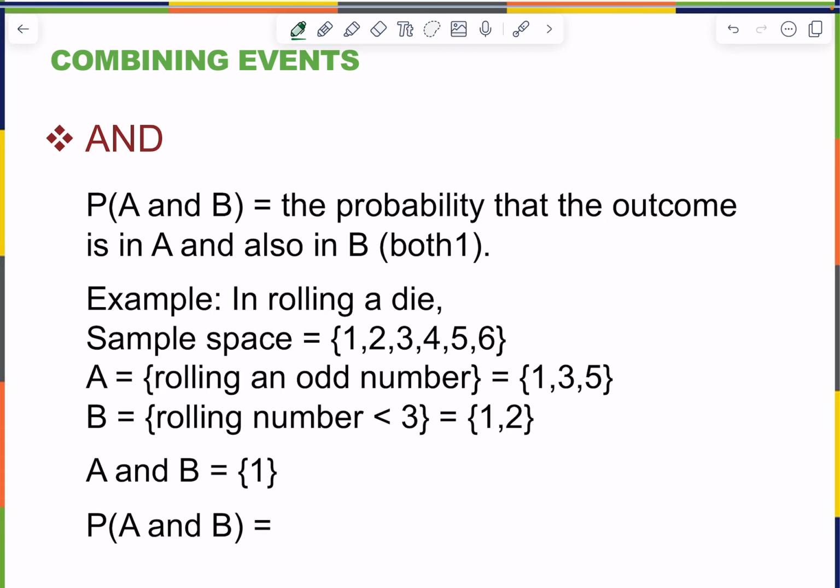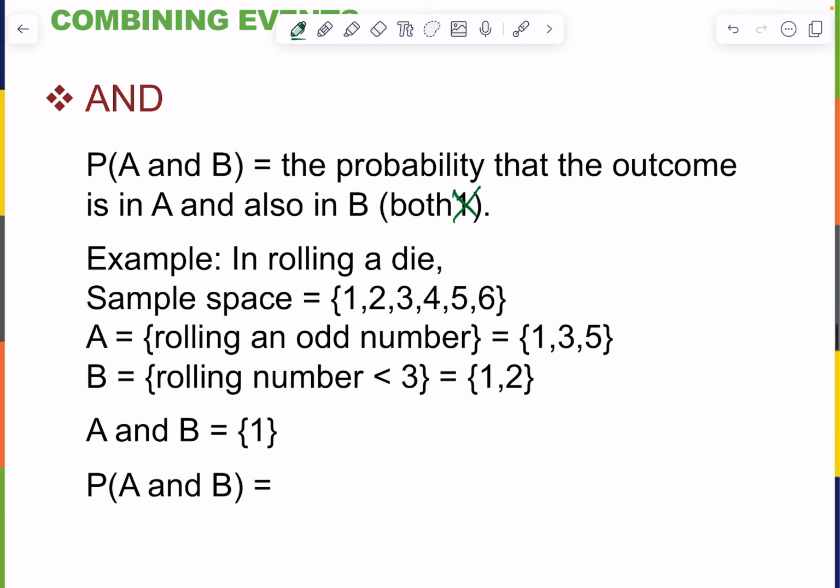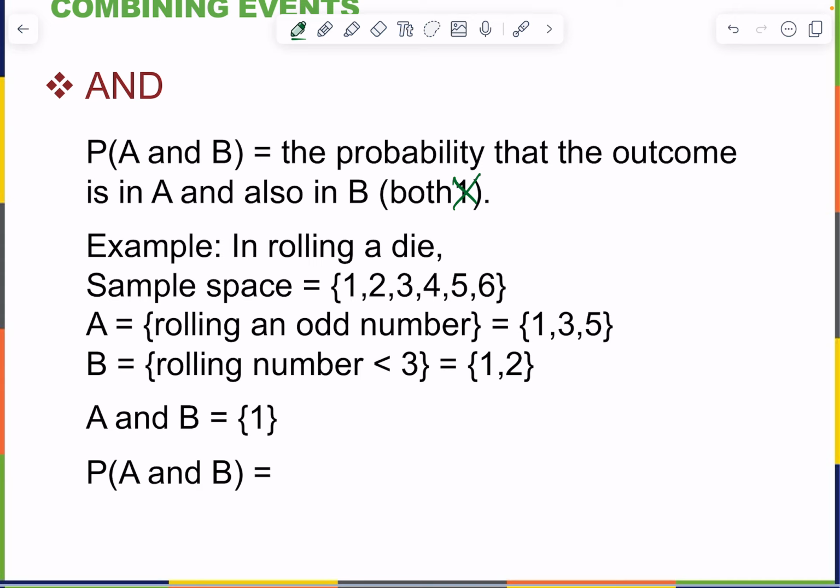All right, so A and B. The probability that an outcome is in A and also in B, both. Okay, example. In rolling a die, here's our example as before, so same A and same B. The set A and B, sometimes written A intersect B, is 1.